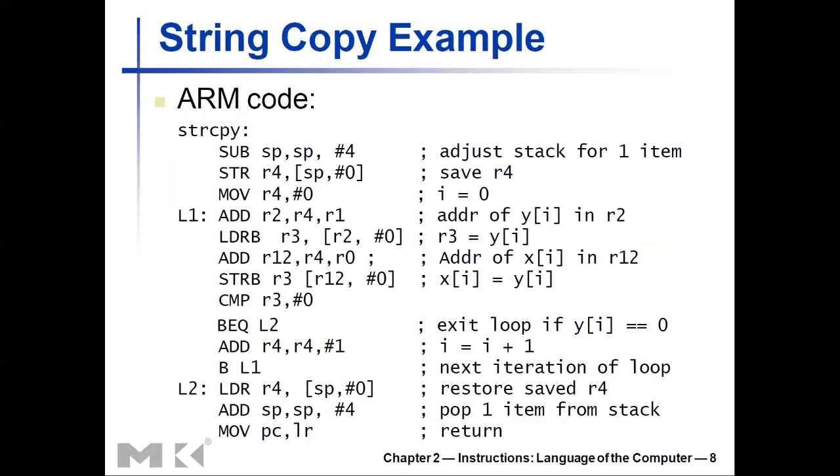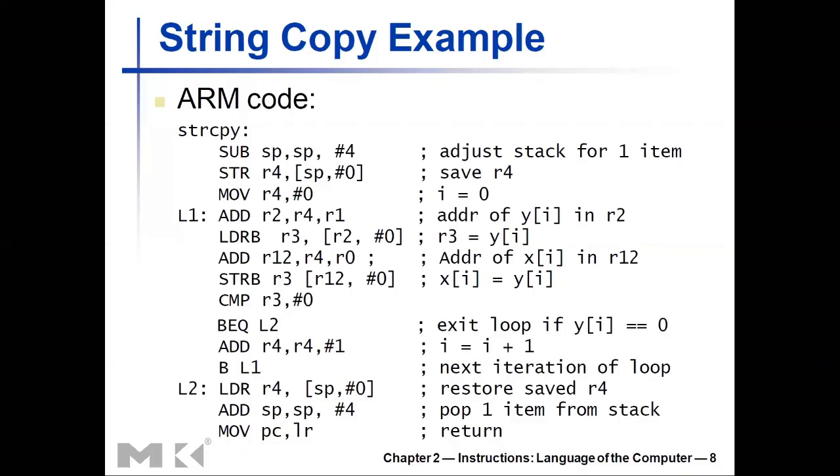Right? So the byte at the 0th location, we take it and put it into the R3 register. At the next iteration, I will become 1, and the base address of Y, we are assuming that it is 0.